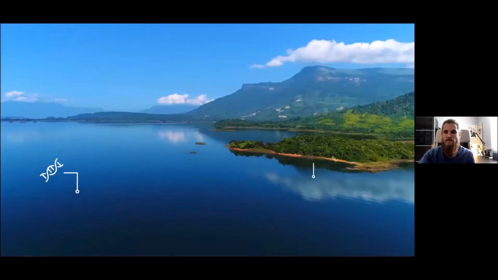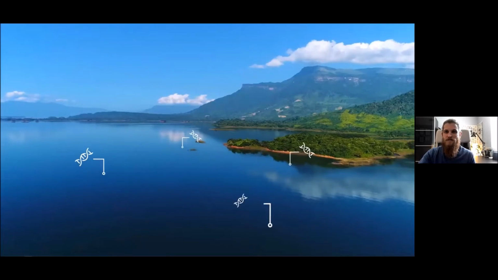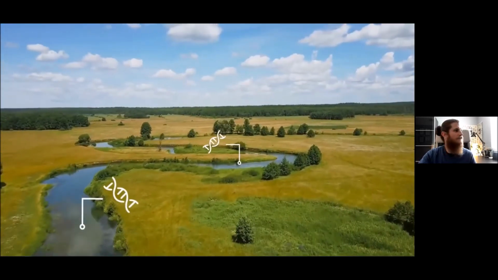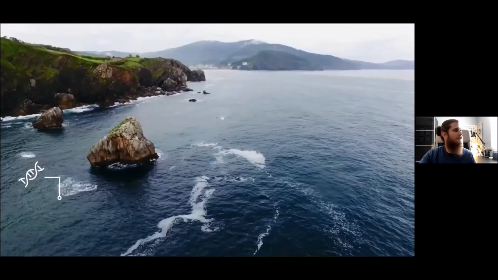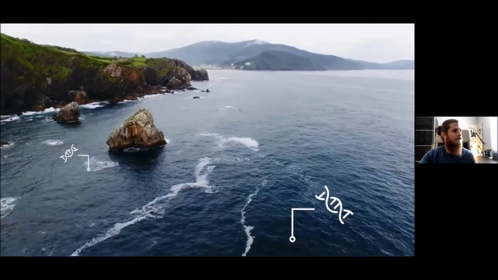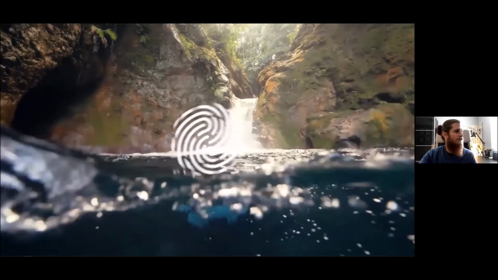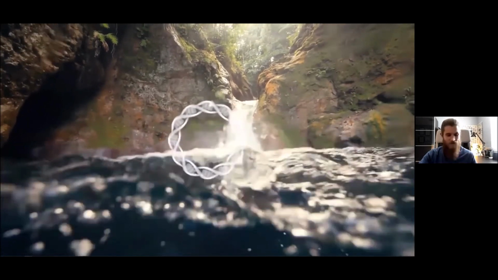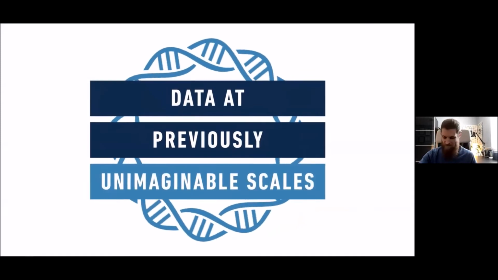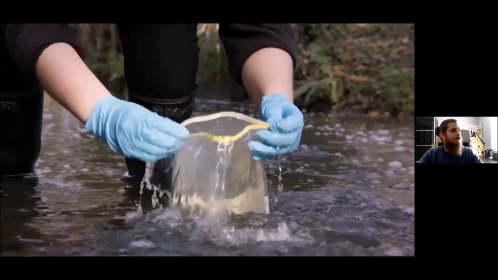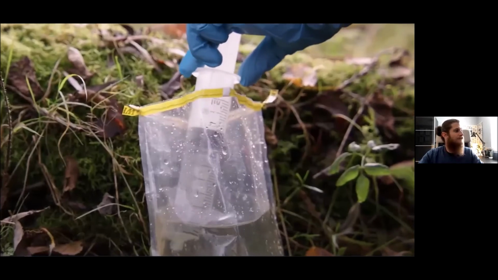Living things leave traces of DNA that accumulate in water. In ponds, lakes, streams and rivers, coastlines and the open ocean, these traces describe the diversity of life. They are nature's fingerprint, and they give us biodiversity data at previously unimaginable scales. The DNA traces are easy to collect with a simple kit.